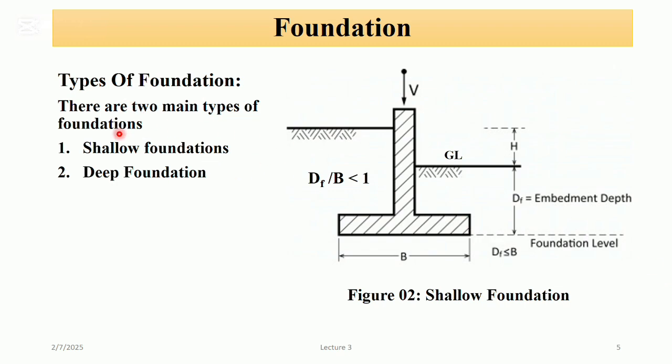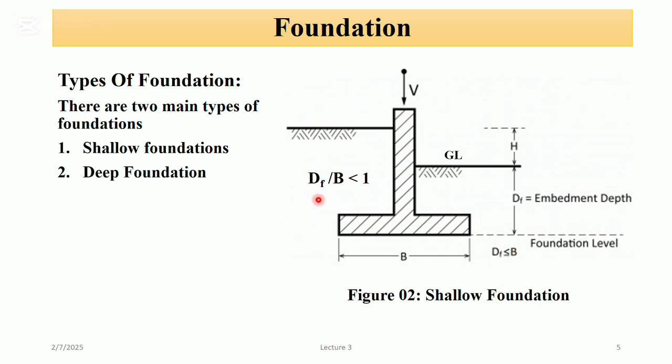There are two types of foundation: shallow foundation and deep foundation. You can see in the figure, shallow foundation. The depth from the ground to the base of the foundation is known as embedded depth, and this is the width of the foundation. So shallow foundations are those foundations in which the embedded depth should be equal to or less than the width of the foundation.